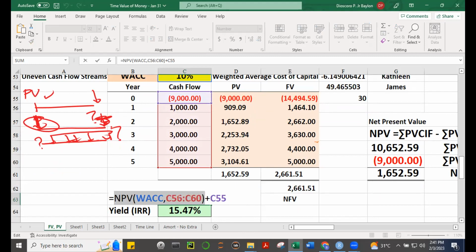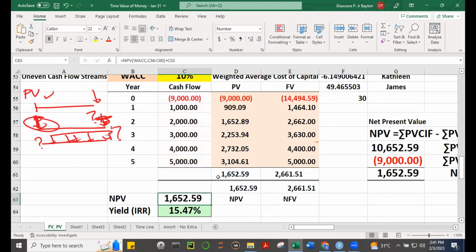So when we use this, we started with C56, this one. We excluded the initial investment. Otherwise, if we included it, it will be treated as occurring after one year, at the end of the first period. And then we just add it back, C55.